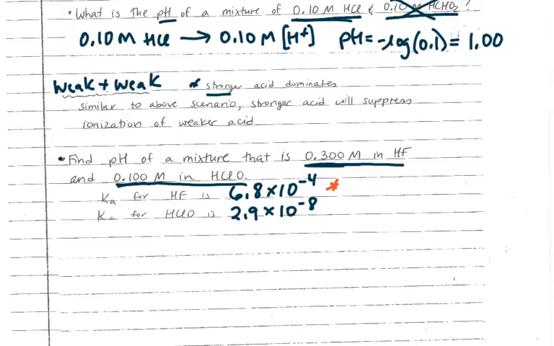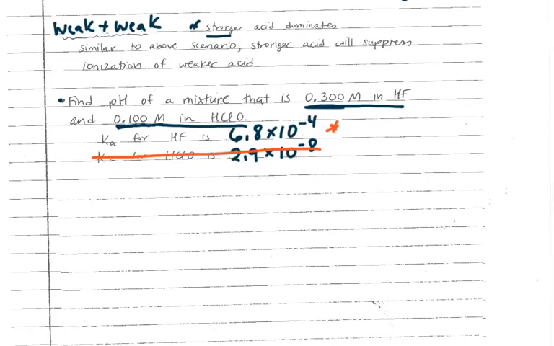So in essence, we don't care about this one. We only care about the HF and its concentration. But since HF is a weak acid, in order to find the concentration of hydrogen ion or hydronium ions, we need to use an ICE box and set up an equilibrium problem.